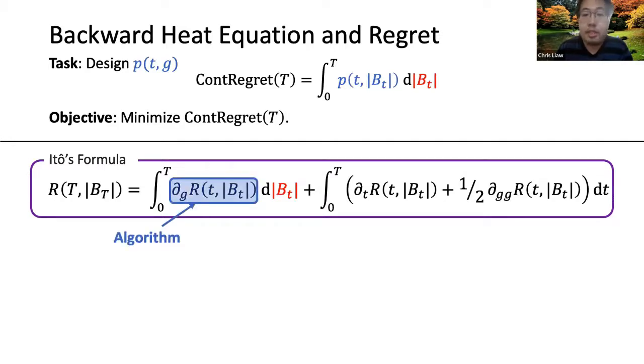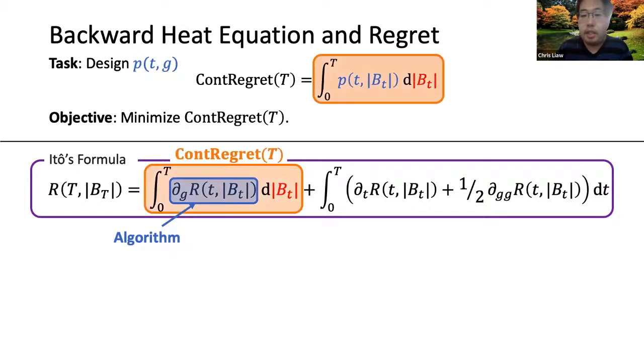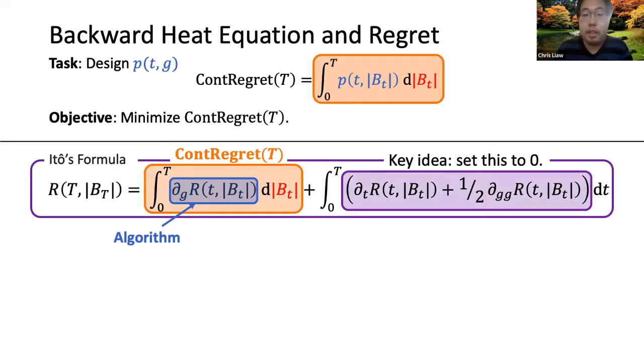The idea is to define this partial_g of r as our actual algorithm, in which case the continuous regret appears inside Ito's formula. And so the only remaining thing is to deal with this other integrand. What we'll do is make sure our algorithm satisfies the magical property that the integrand is exactly 0.